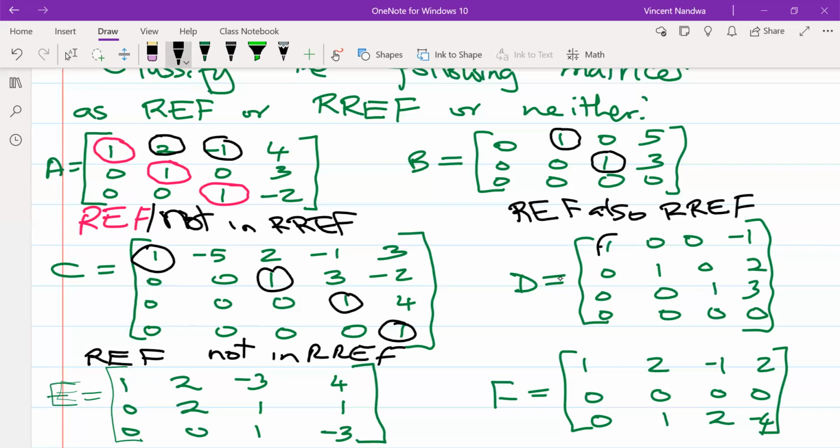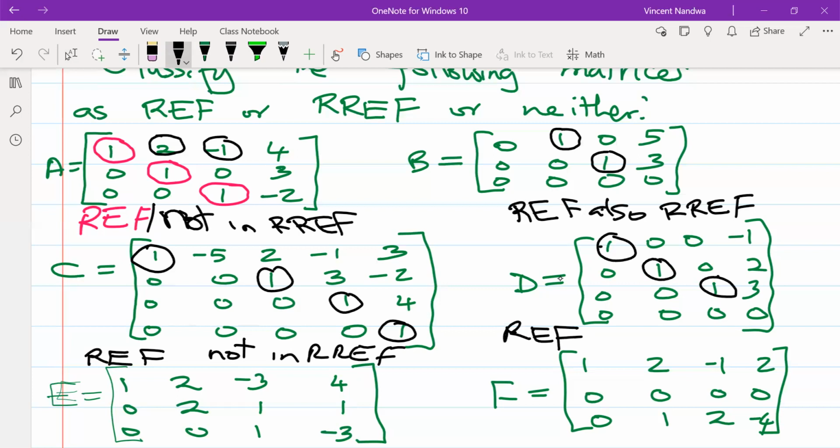Yeah, you see this is 1, this is 1, this is 1, and there's a 0 row that is at the bottom. And with all these zeros, when you go to a lower row, that leading one will always be to the right of the leading one on the top row. So this is in row echelon form.